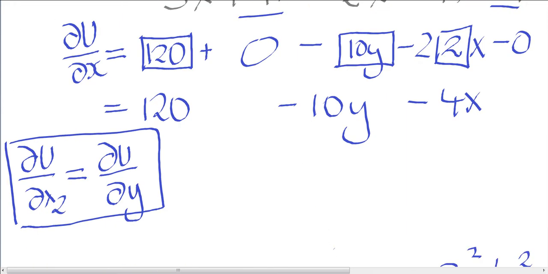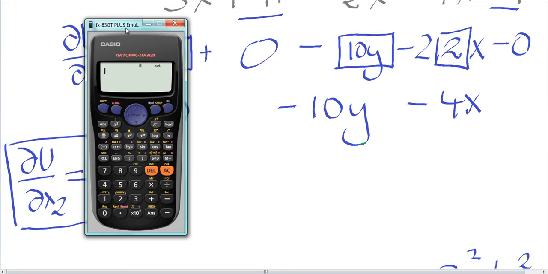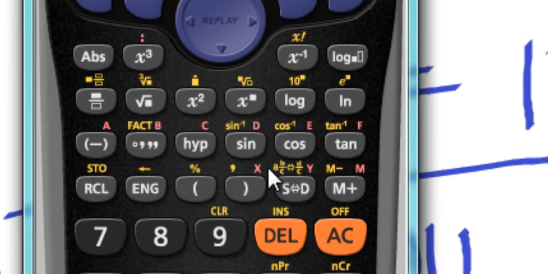So do you know what I'm going to do? I'm going to use these pink memory buttons on the calculator. See the capital letters A, B, C, D, E, F, X, Y, and M. I can store numbers into those letters and write an equation into the calculator using those letters.